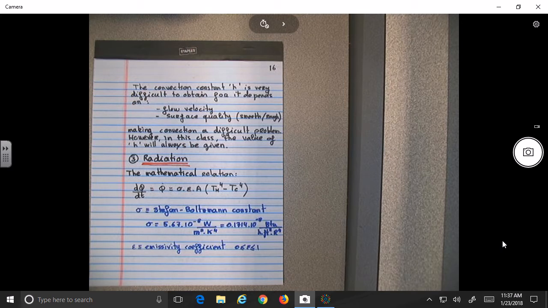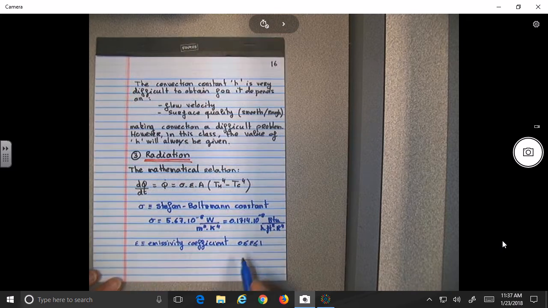So low values of emissivity, that's why it's confusing, will mean the color is white. High values of epsilon will be like the black color. So that's the reason.